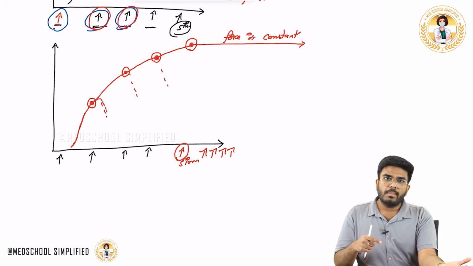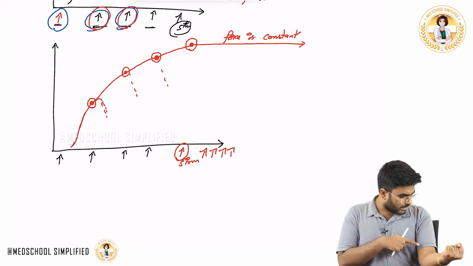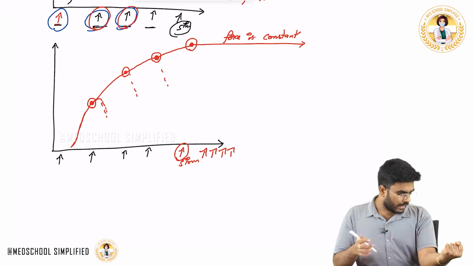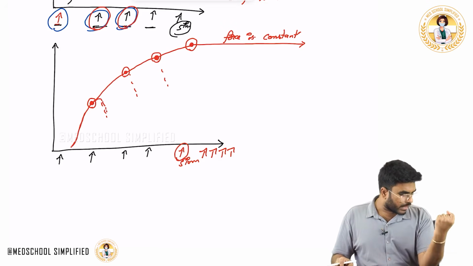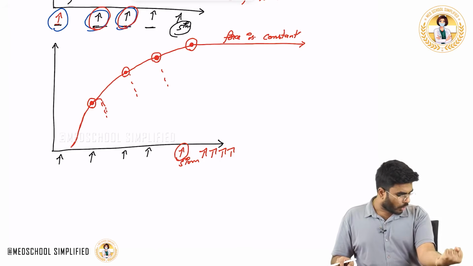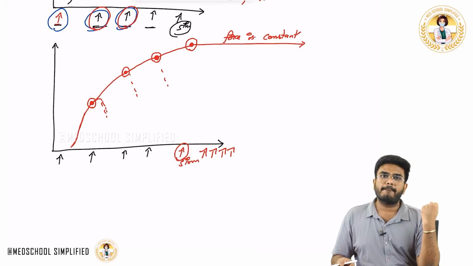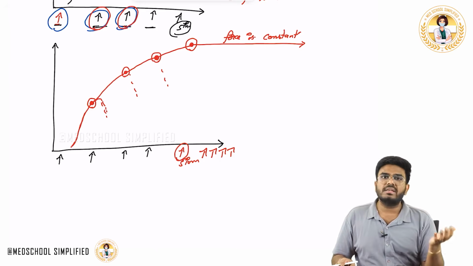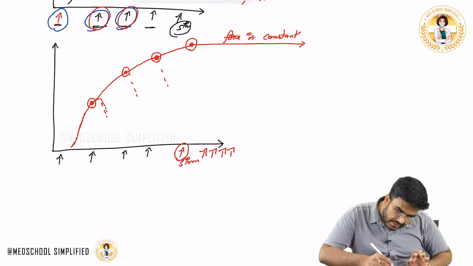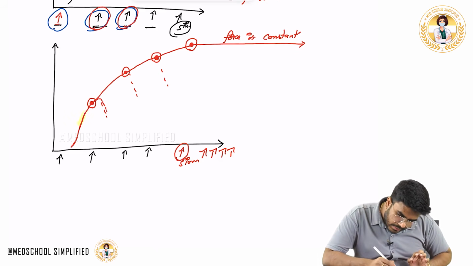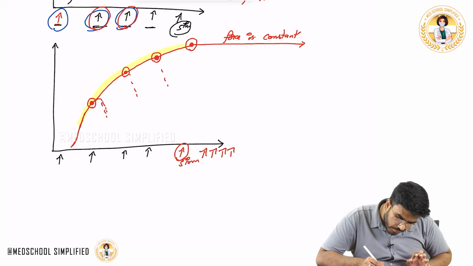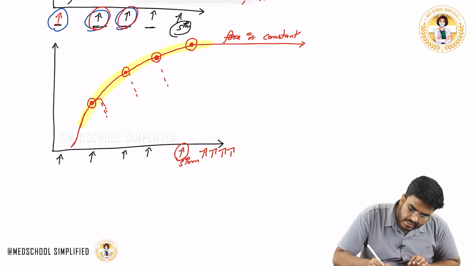But when I am trying to do like this, I am keeping these muscles in a sustained contraction. There is only contraction. Now the muscle is relaxed. So in this graph which I have shown you, the muscle is kept in a continuous contraction phase, or I should say sustained contraction.